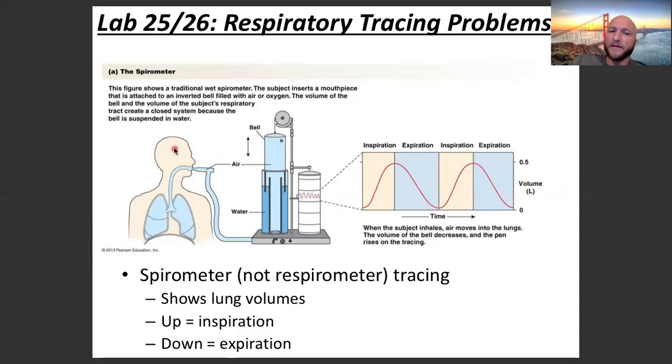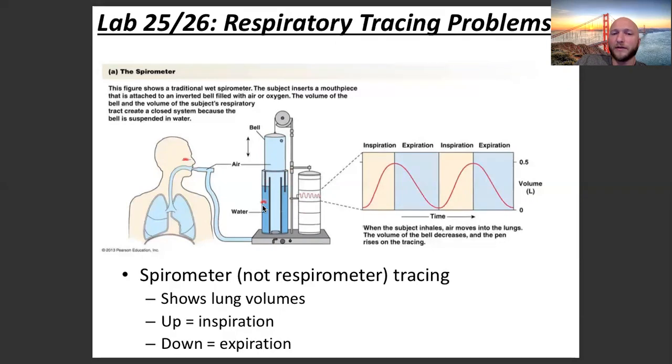So we have our subject, we have our air intake tube. The person will breathe into and in and out of the air intake tube, and the air will travel through this tube and then up underneath this bell. The bell, once again, is submerged in water in this larger chamber.